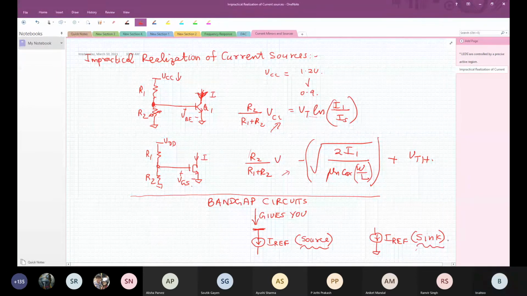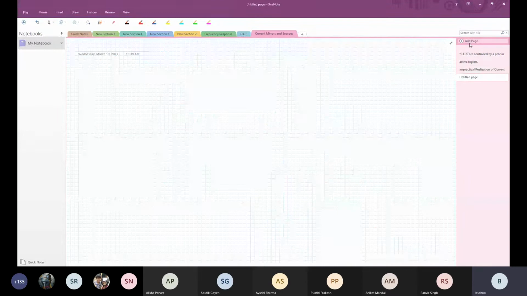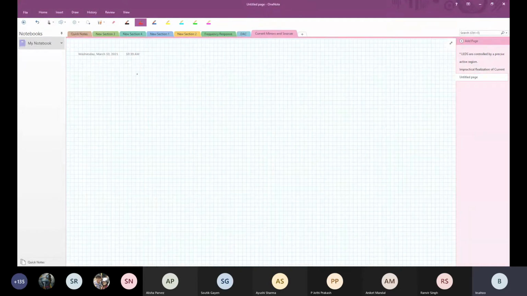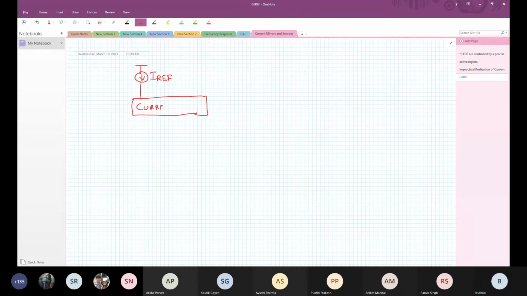Now what we do is take a source IREF and give it to a mirroring circuitry. We call this a current mirror, and then we get I copy.